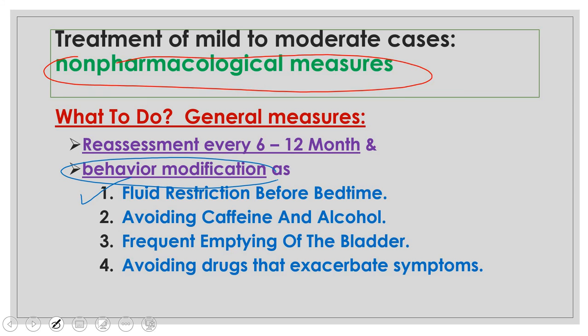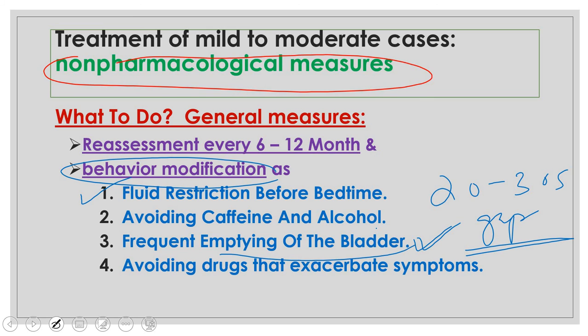When your patient goes to sleep, tell him to first go for voiding of urine, and if it is not going, then go for frequent urination. Go again and again, giving a 20 to 30 second gap between the first set and the second set. This gap helps your patient in emptying of the bladder. So frequent emptying of the bladder is advised.